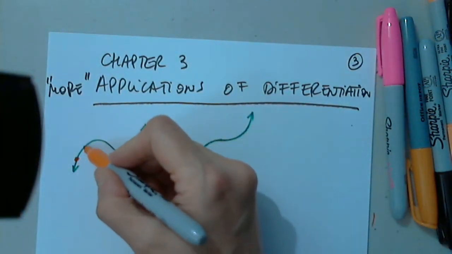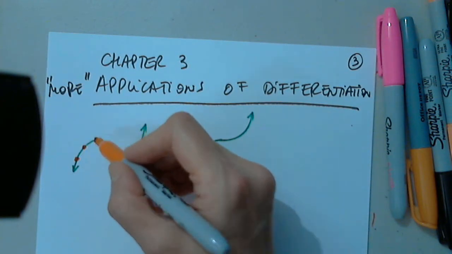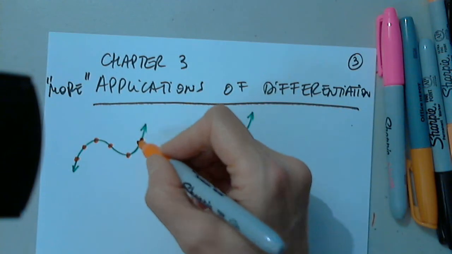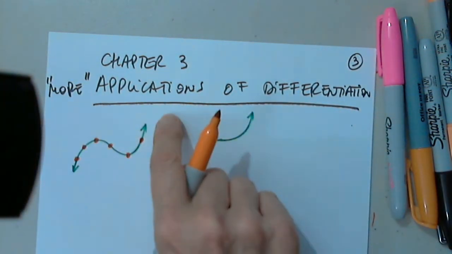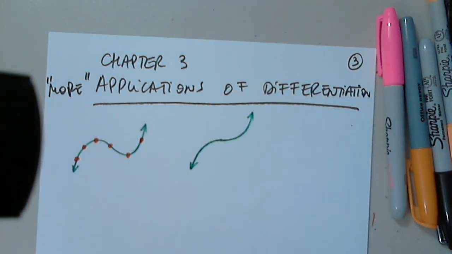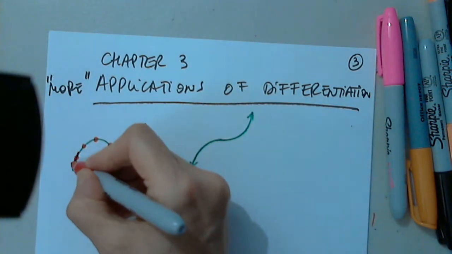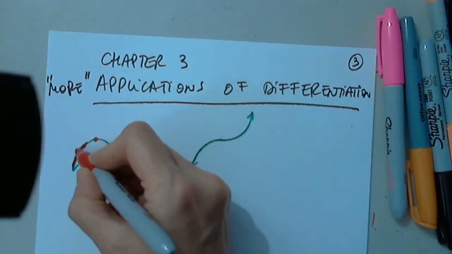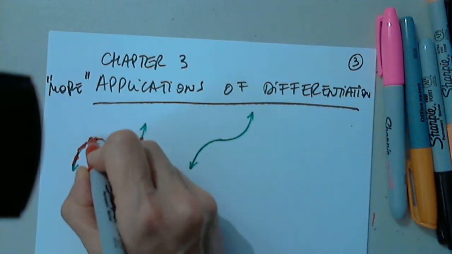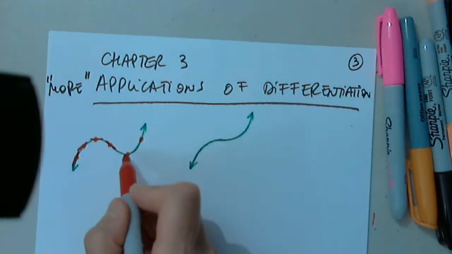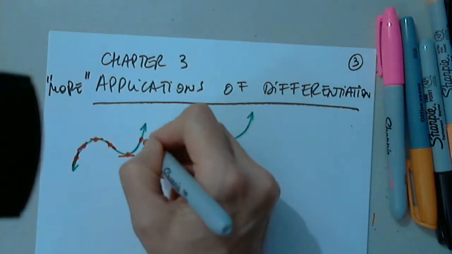A point here, a point here, a point here, a point here, one here, one here. At these points, I want to draw a tangent line at all points. I'm going to draw the tangent here, here, here, here, and here.